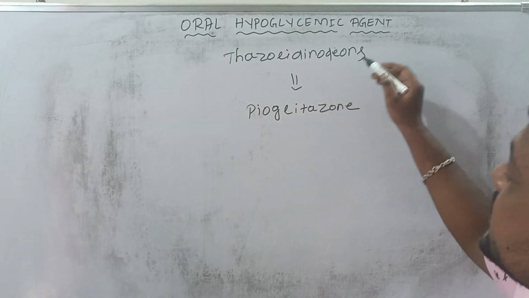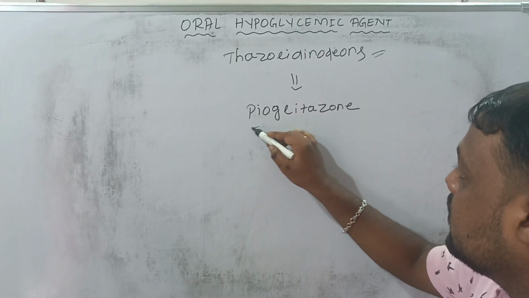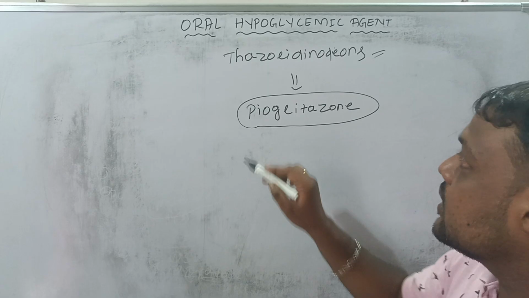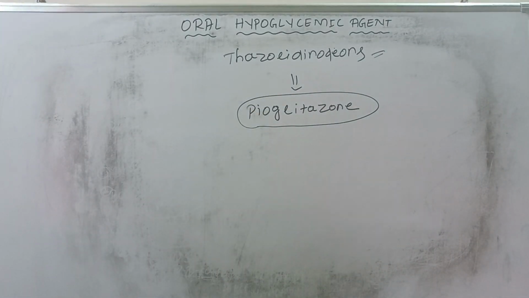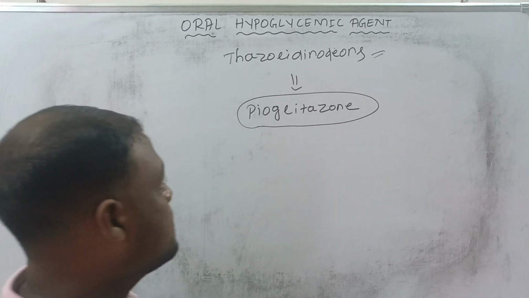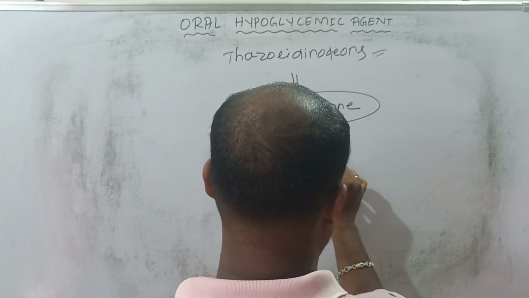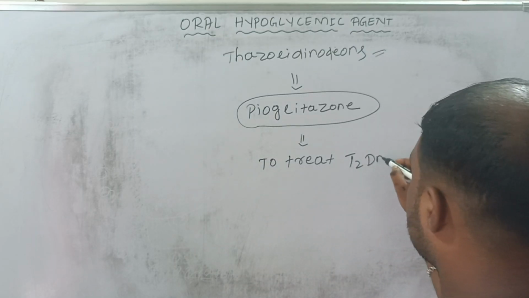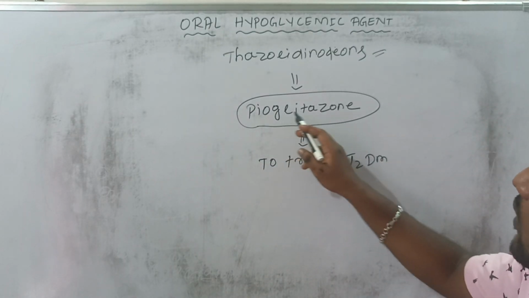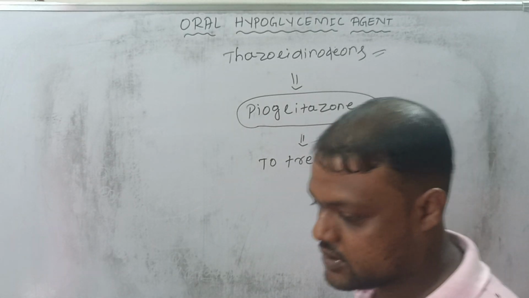The thiazolidinedione group drug is pioglitazone. It is another type of oral hypoglycemic agent to treat type 2 diabetes mellitus.